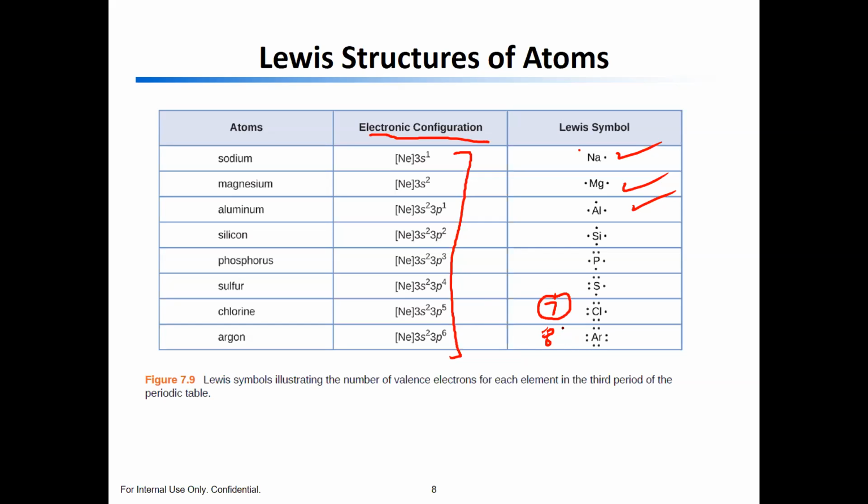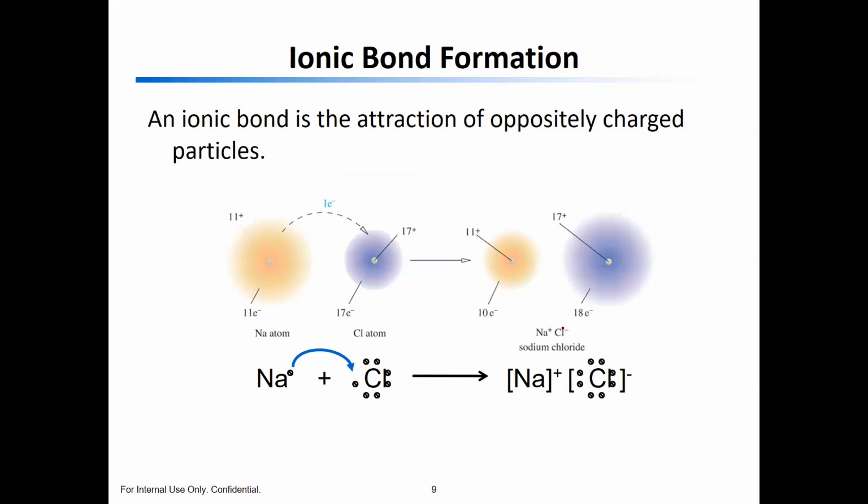So let's check if that's true or not. Let's do some experiments. So we've got sodium, our Lewis structure, and chlorine, our Lewis structure. This is an example of something called an ionic bond. What does ions mean? Anyone remember? Ions mean charge.